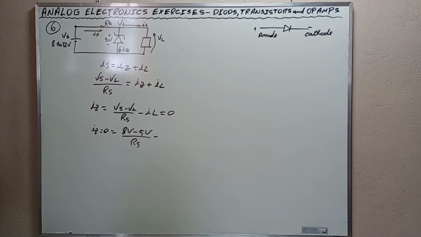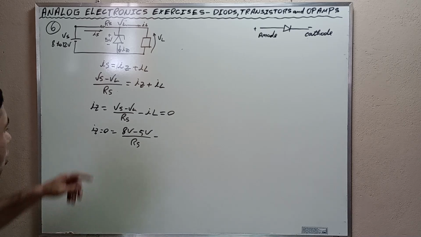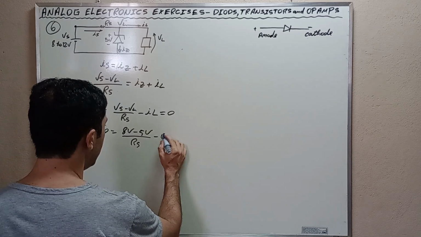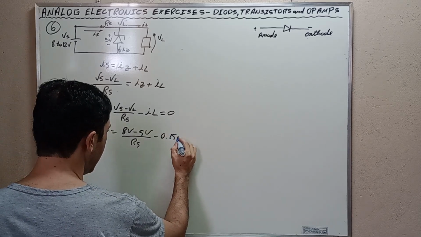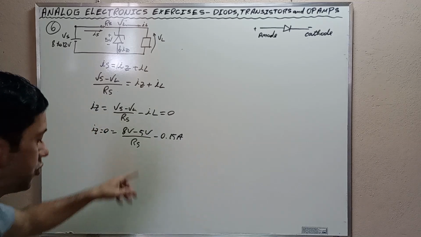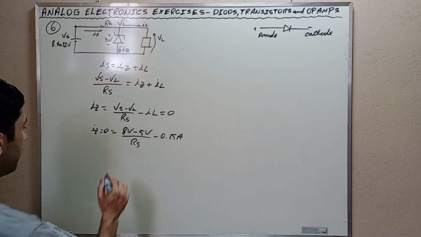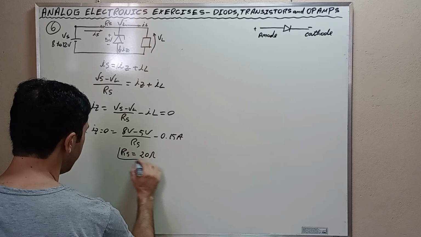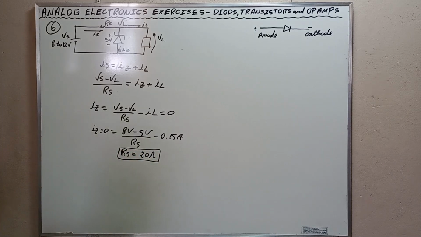The maximum value of the load current happens when Iz is minimum, and the maximum value of the current is 150 milliamps, in other words 0.15 amps. Using this expression, we find the value of Rs to be equal to 20 ohms. Okay, my friends, this is the value of Rs when the Zener current is 0.